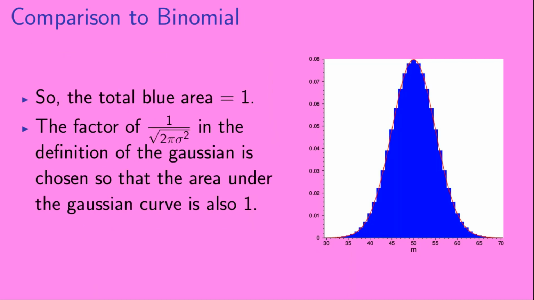So this means that the total blue area equals 1. The factor of 1 over the square root of 2 pi sigma squared in the definition of the Gaussian is chosen so that the area under the Gaussian curve, shown here in red, is also 1.